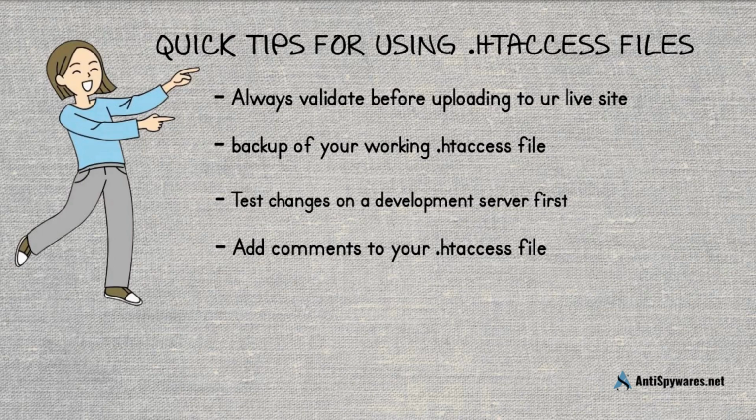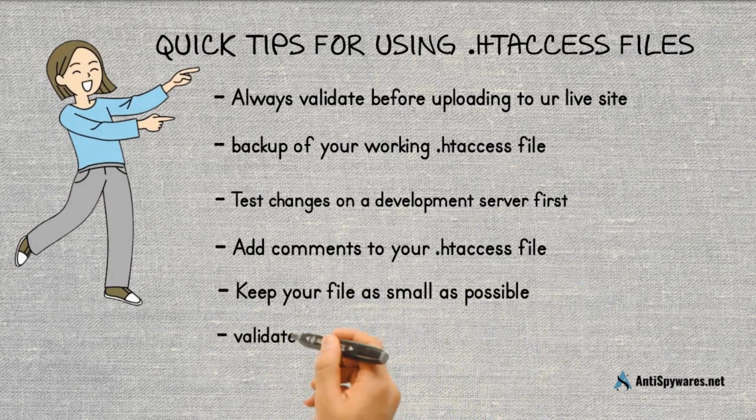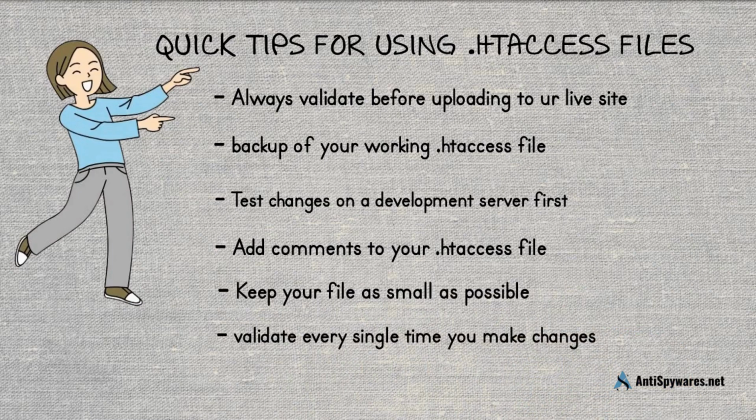Comments start with the hash symbol and won't affect any functionality. Third, keep your file as small as possible because Apache reads it on every request. Large files can slow down your server. And also remember, validate every single time you make changes. Even small edits can introduce errors.